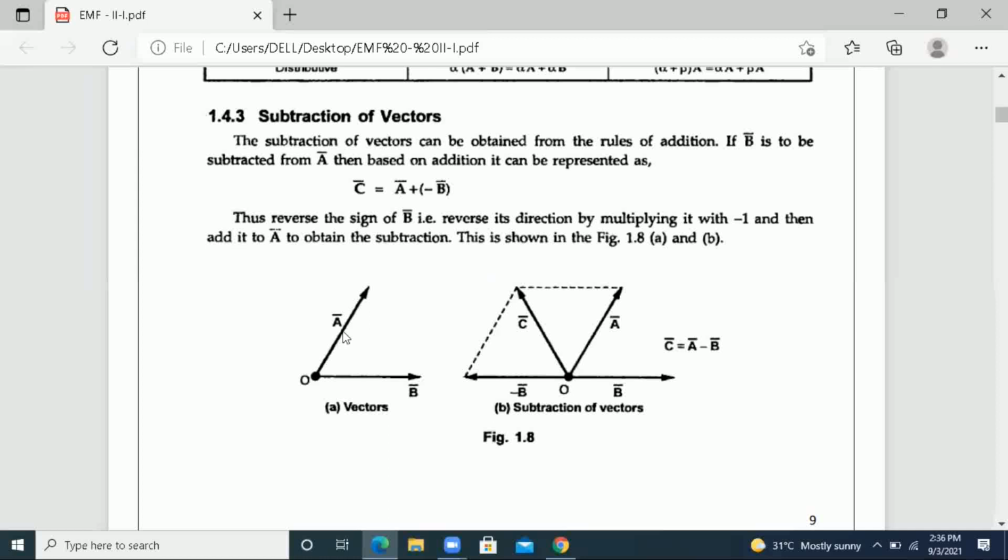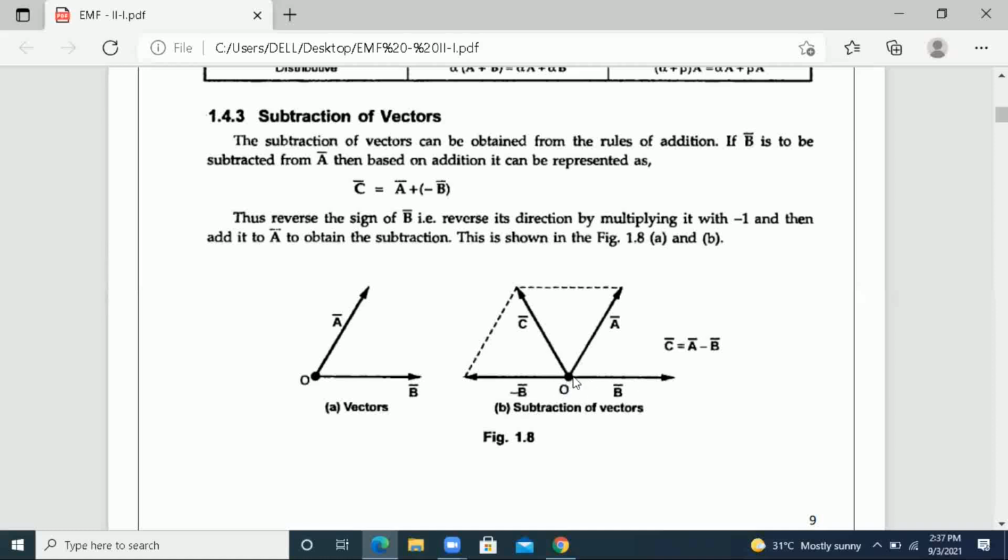Vector A, you have two vectors here, A and B. Vector A minus vector B is the same thing as vector A plus negative or minus vector B. So you have vector A here, vector B here.